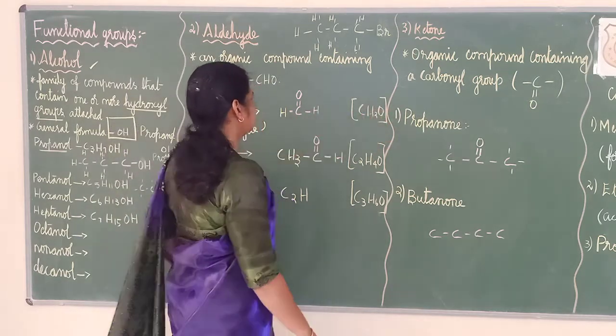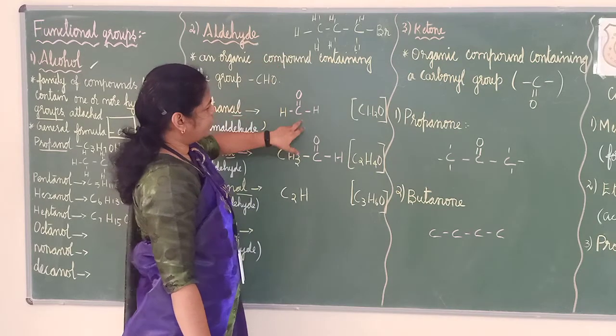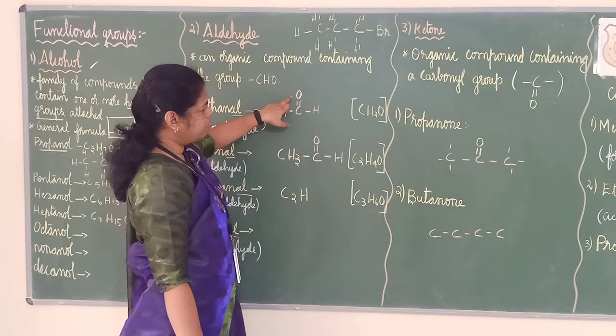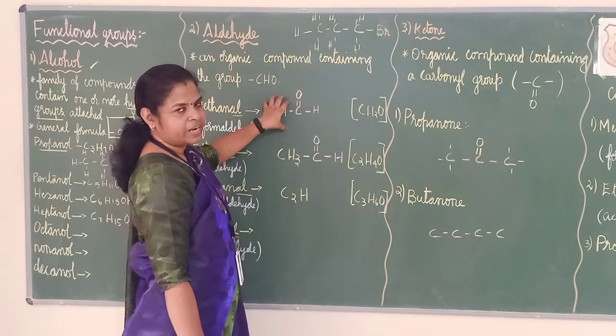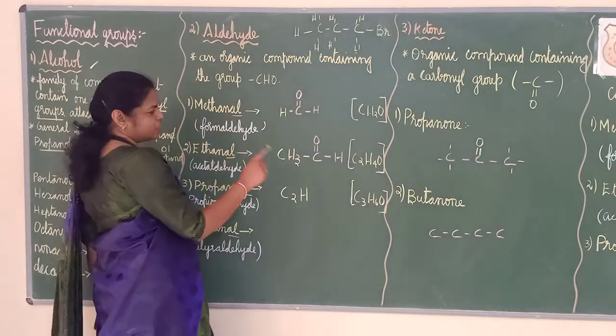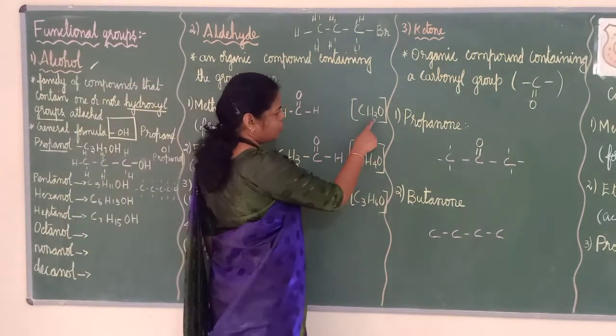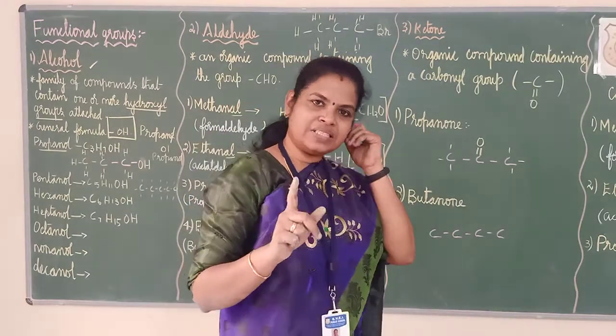CH2O should be written. What is the group? CHO is the group. So I have written C double bond O and H here, and one hydrogen should be added. Clear, I think. Correct? Methanal. Ethanal's formula is C2H4O. We have already studied that homologous series.